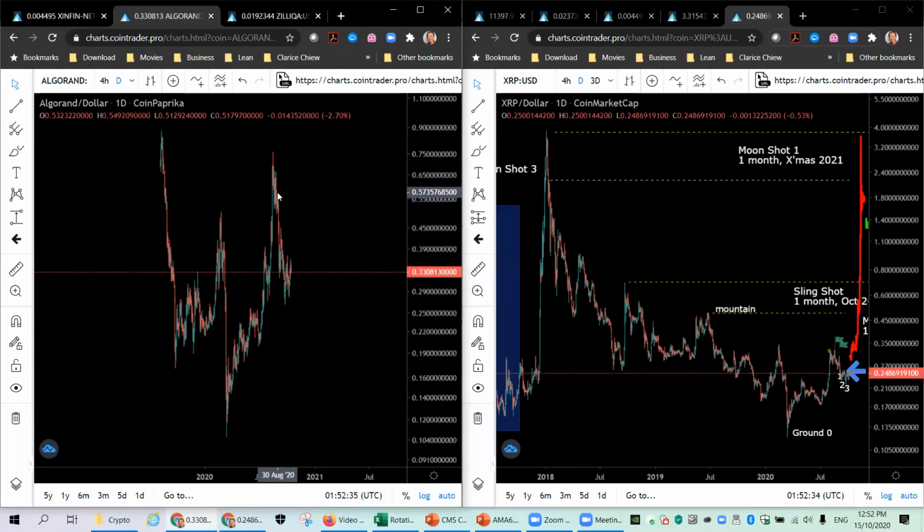If we don't have data going back to the full bear cycle, it's much harder to predict. But I'm sure Algo will do fairly well. XRP is not dead. XRP is just slow, just like Litecoin, just like some of the coins might be slow, but they'll come up eventually.